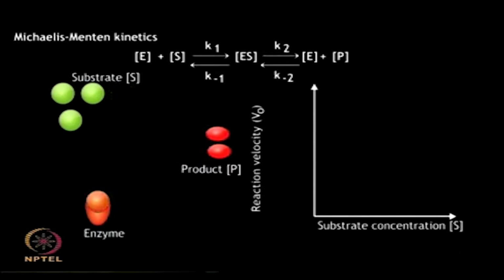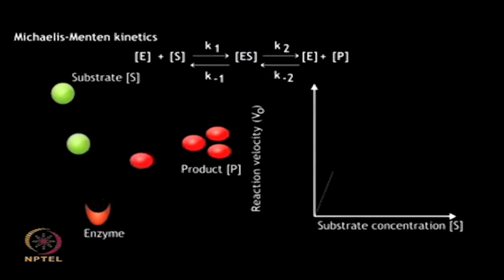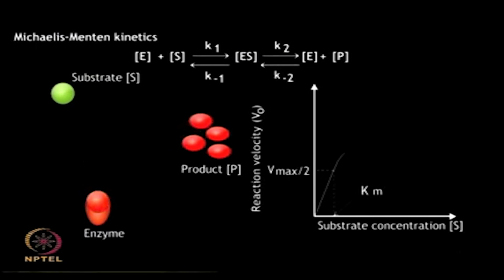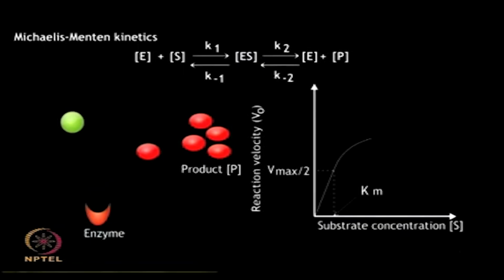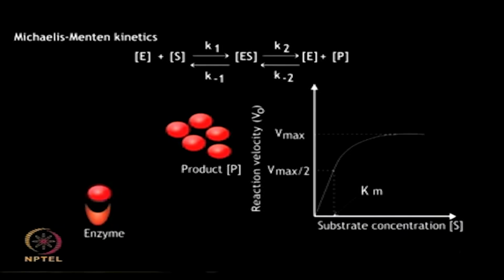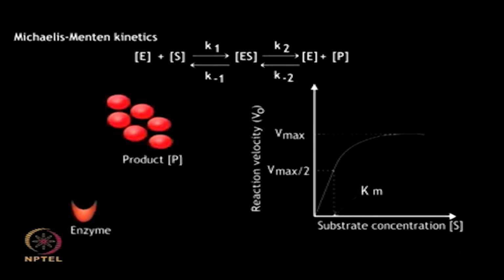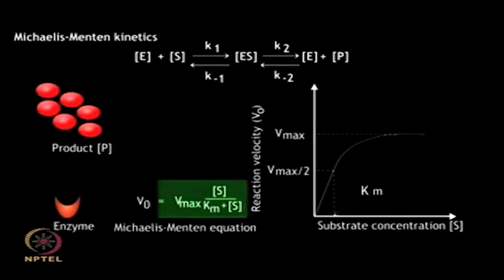The reaction velocity increases linearly with substrate concentration when S is low, but becomes independent at higher concentrations. The maximal velocity Vmax that can be achieved by an enzyme refers to the state in which all its catalytic sites are occupied. The substrate concentration at which the reaction velocity is equal to half its maximum value is known as the Michaelis constant Km.